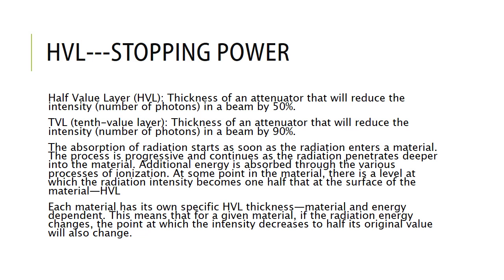An alternative way of describing that is talking about half value layers, which is simply the thickness of a slab of the attenuator that removes exactly half of the radiation of a beam. So it's the thickness of the attenuator that reduces the intensity, the number of photons in a beam, by 50%. And of course, a tenth value layer would be the thickness of the attenuator that reduces the intensity, or the number of photons in a beam, by 90%.